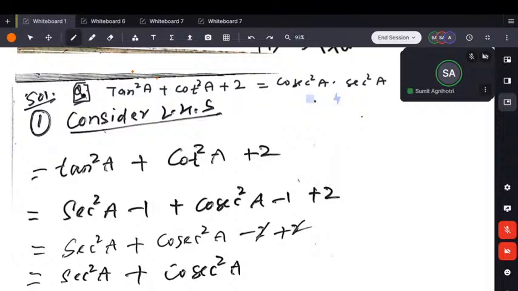We are supposed to consider this LHS and prove it equal to RHS. This is our approach.